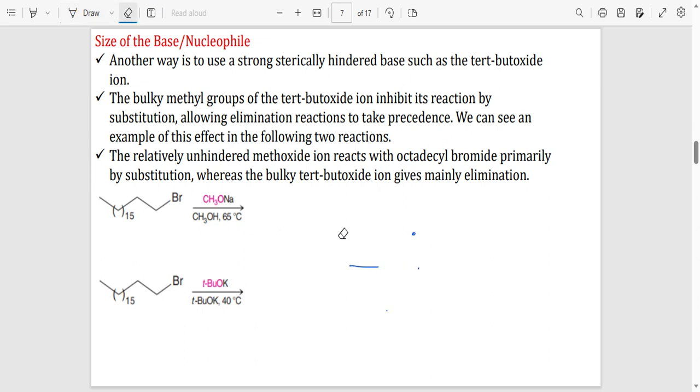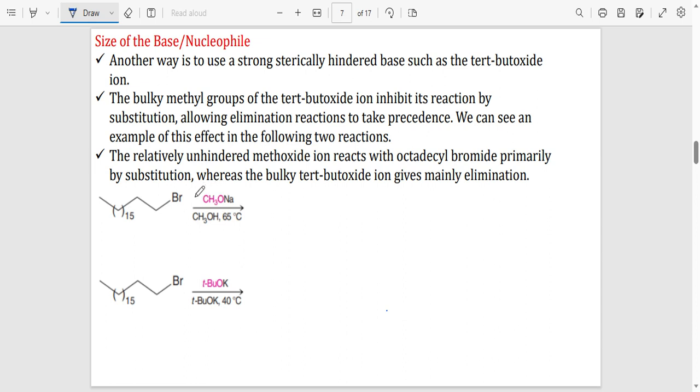So what is going to happen for these two reactions? For the first one, where you are using a small or unhindered base, the major product will be mostly by substitution. You can see this is a primary alkyl halide, meaning it can happen by either SN2 or E2.